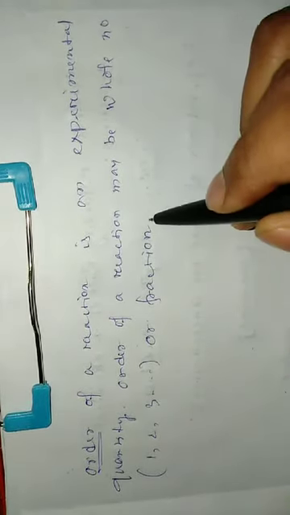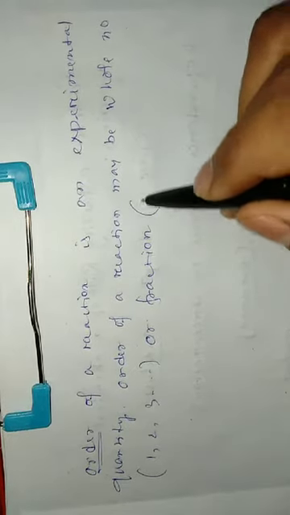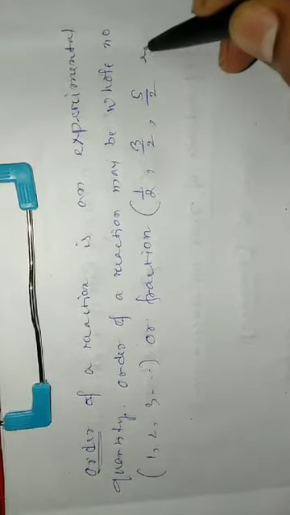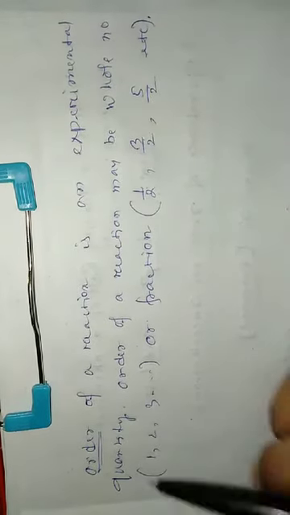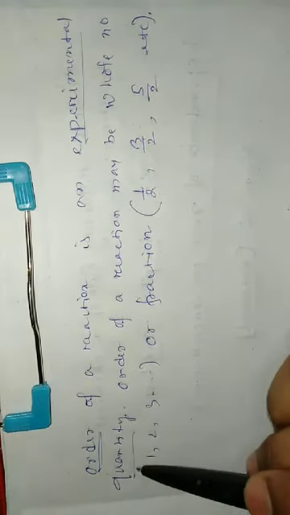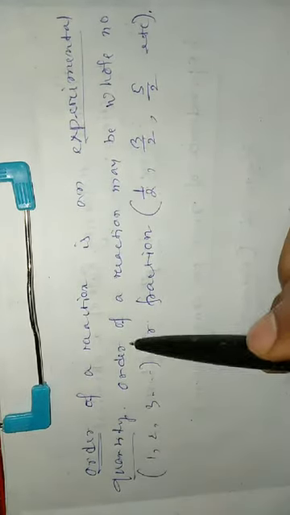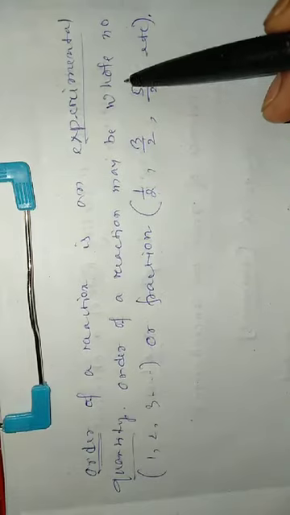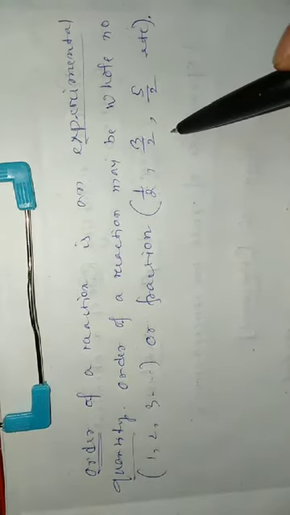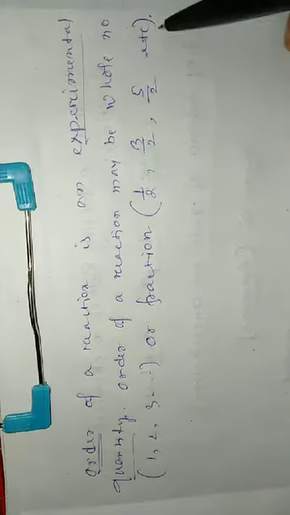The order of a reaction can be a whole number or a fraction, like 1/2, 3/2, 5/2. So for a particular reaction, order is determined experimentally. It may be a whole number like 1, 2, 3, 4, or a fraction like half, 3/2, 5/2.